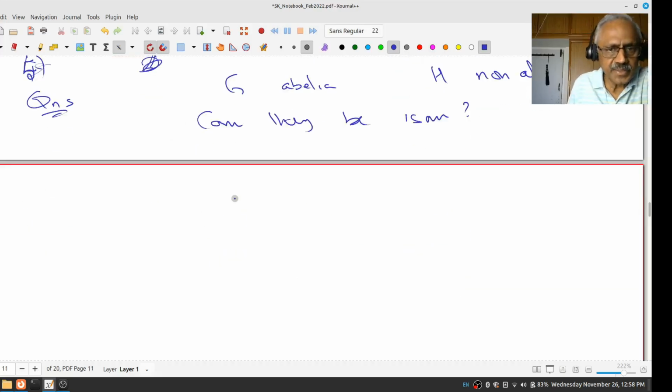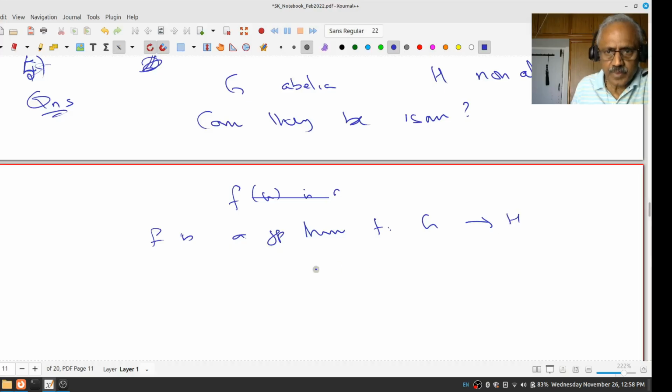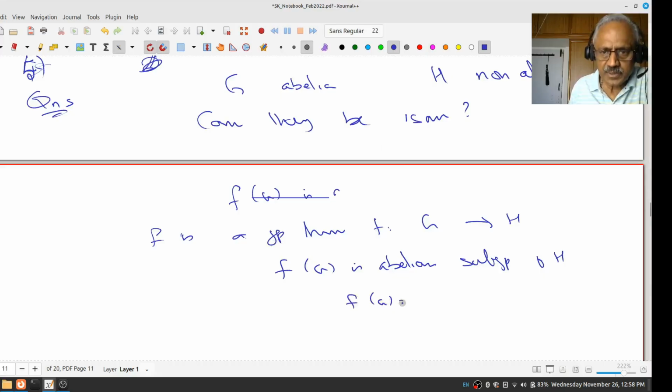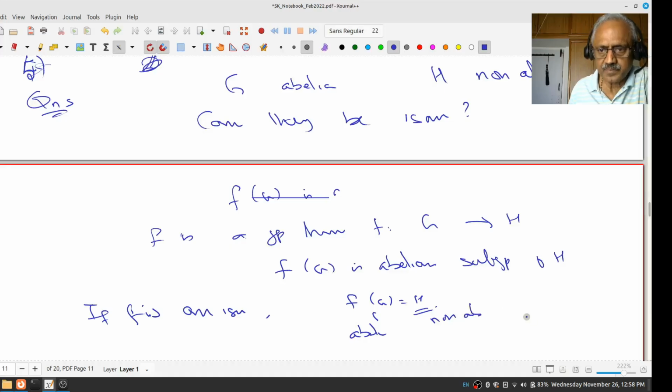No, because we have seen that if f is a group homomorphism, then f of G is an abelian subgroup of H. If f is an isomorphism, then f of G equals H. But this has to be abelian, and we know H is non-abelian, a contradiction.